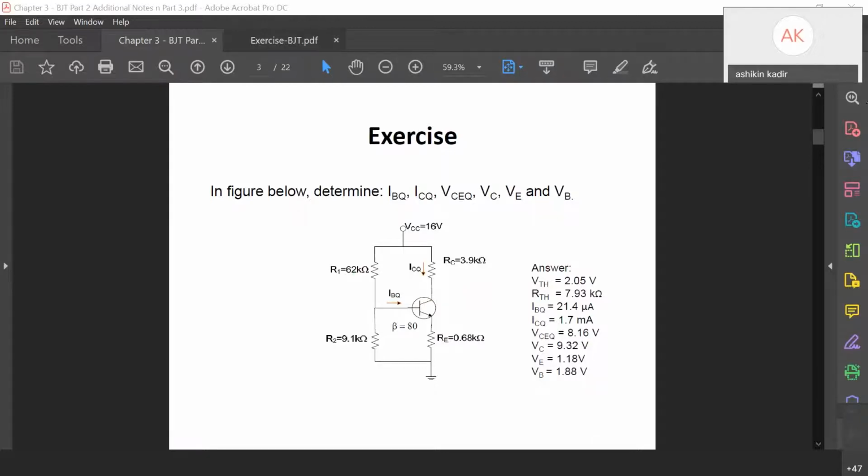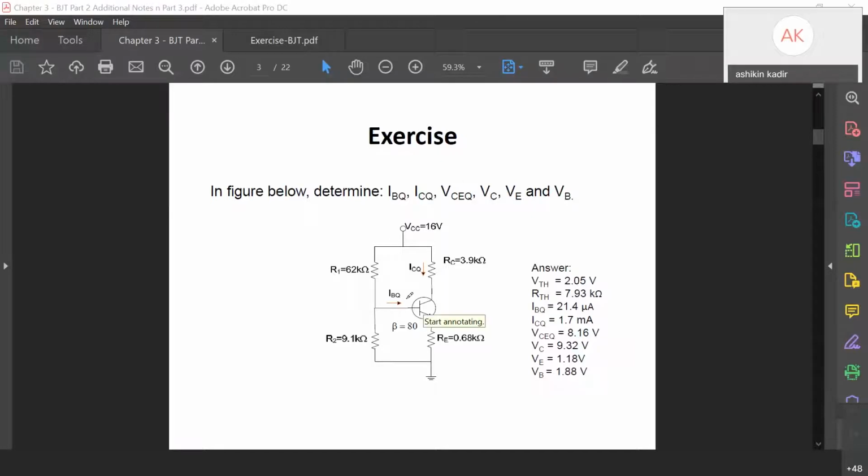We have this circuit. First, we simplify the circuit, and then we apply the Thevenin theorem, right? And then we can find the VTH and RTH over here.